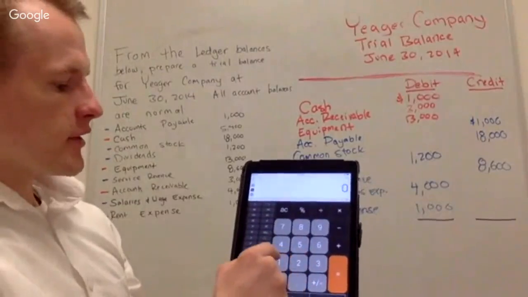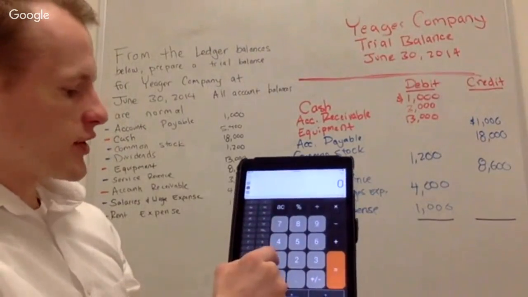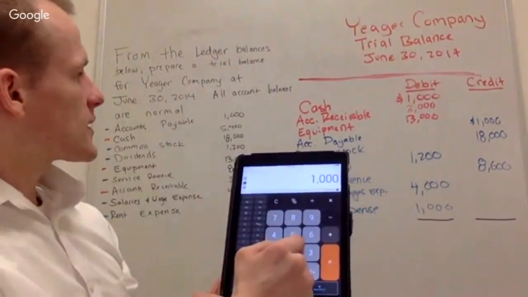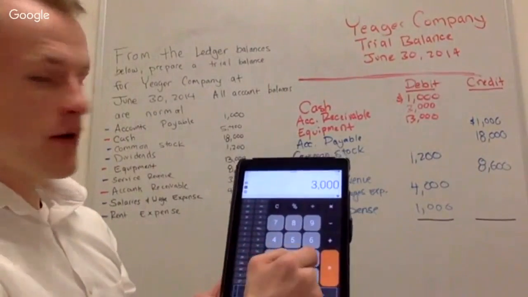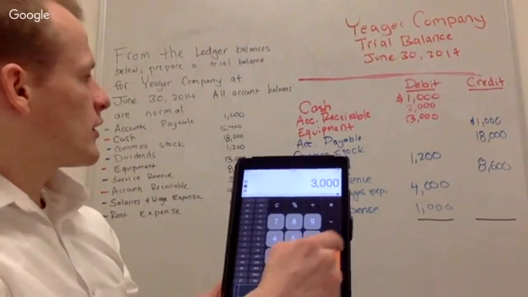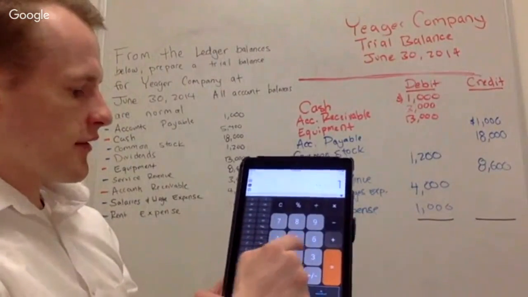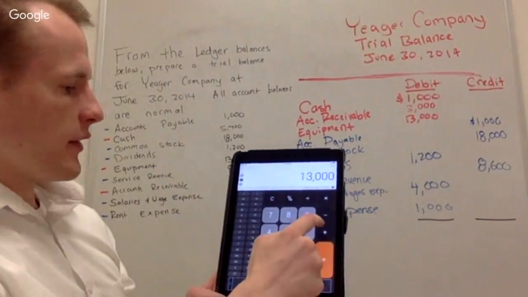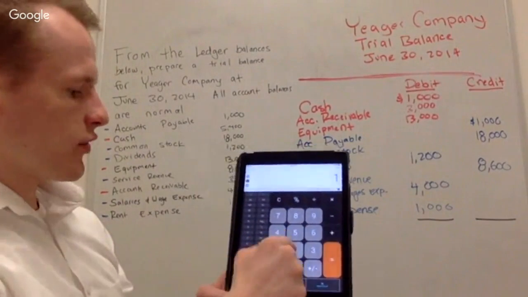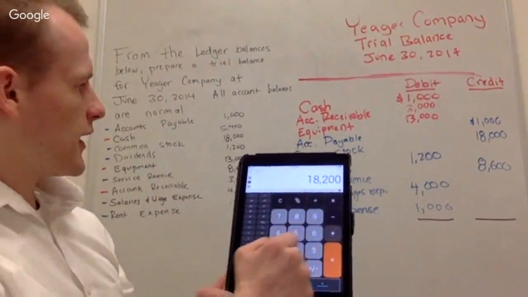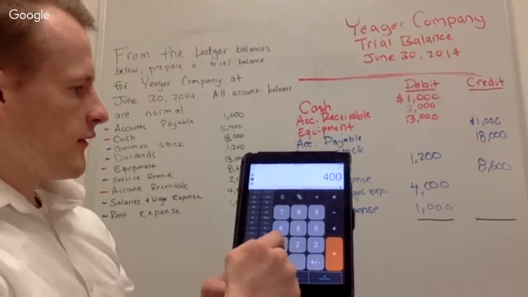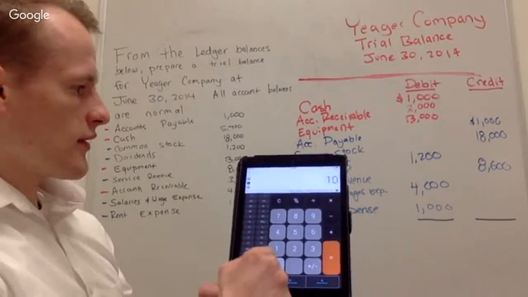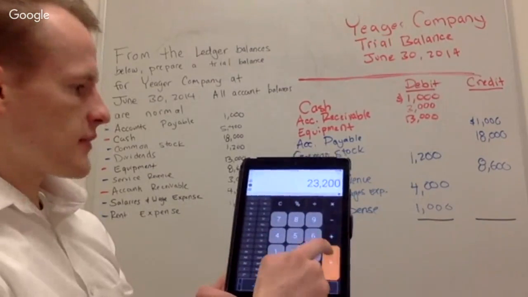Our first account entry is going to be $1,000 for our cash, plus $3,000 for our accounts receivable, plus $13,000 for our equipment. And then we skip down to dividends at $1,200, plus $4,000 for our salary and wages expense, plus our $1,000 rent expense.